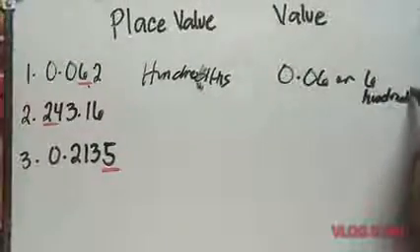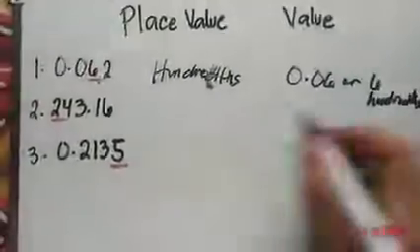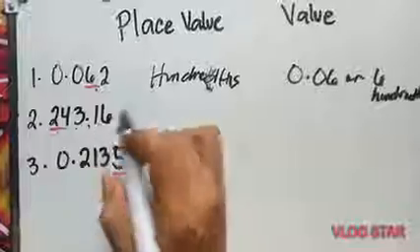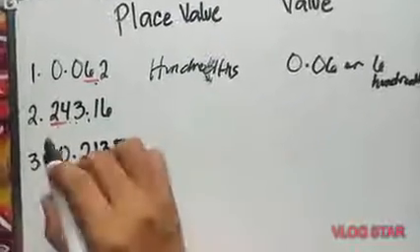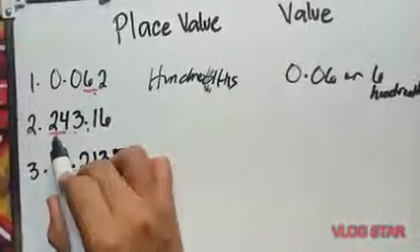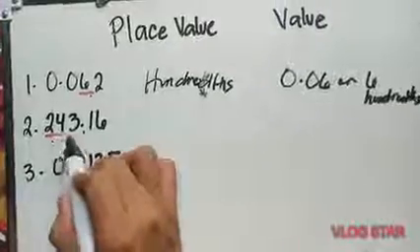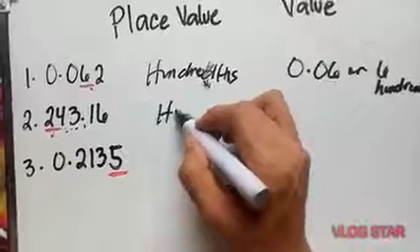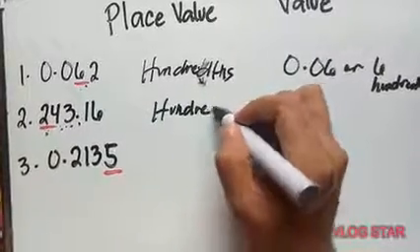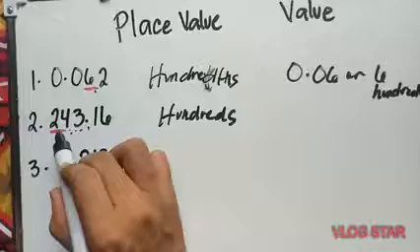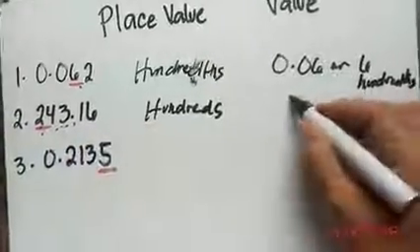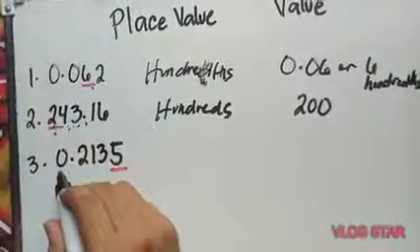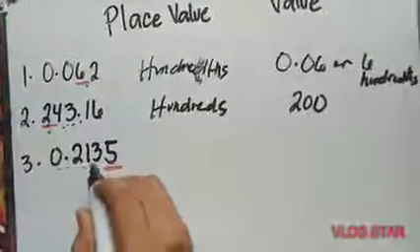Next, 243.16. What is the place value of 2? Since this part is the whole number, ones, tens, hundreds. And what is the value of 2? 200. And next is 0.2135.